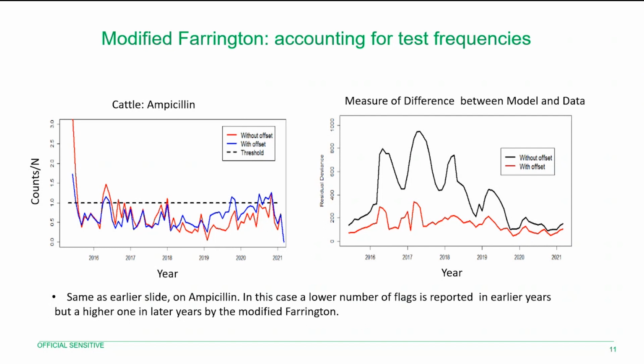So essentially, what we gain from this different implementation is an implementation of the algorithm that is quantifiably closer to the data, and which therefore tends not only to reduce the false positives, but also to flag events which would not be flagged by the standard implementation of the Farrington algorithm.